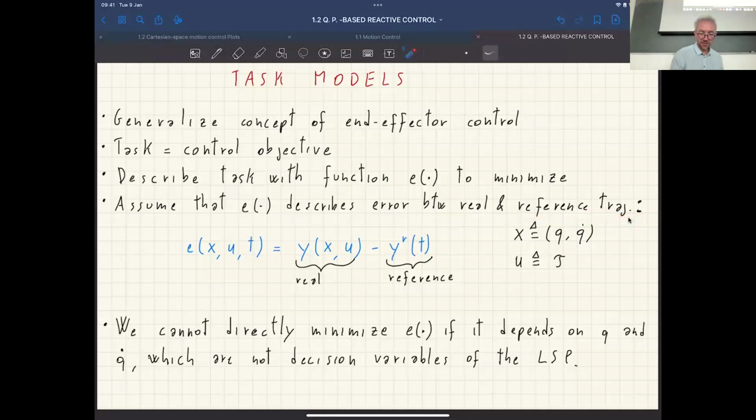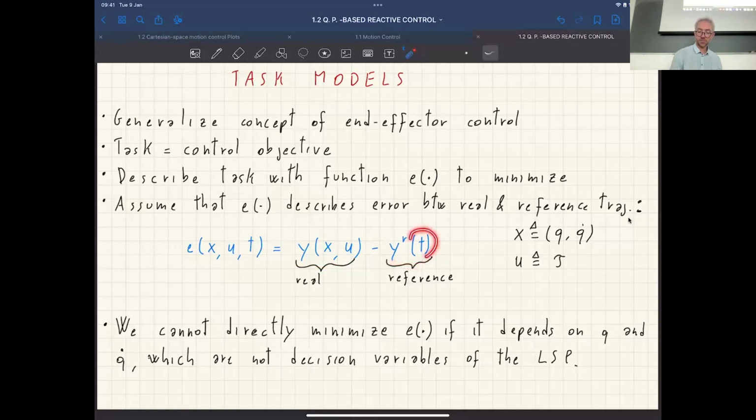So mathematically, we can say that E, which is a function of the state x, the control u, and the time t, is the difference between the real value of a quantity, which we call y, and a reference value for that quantity.